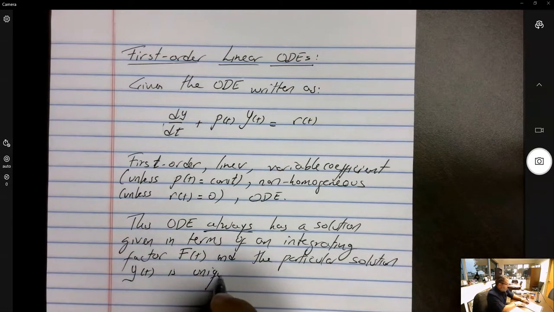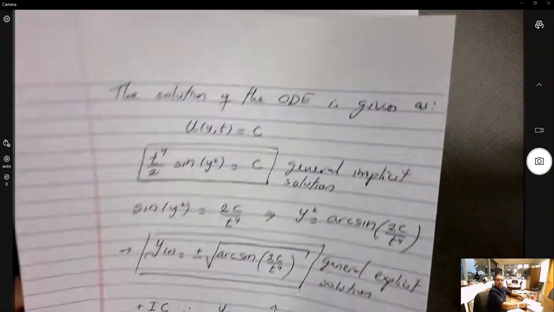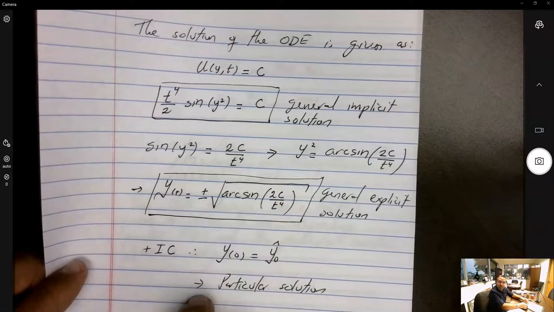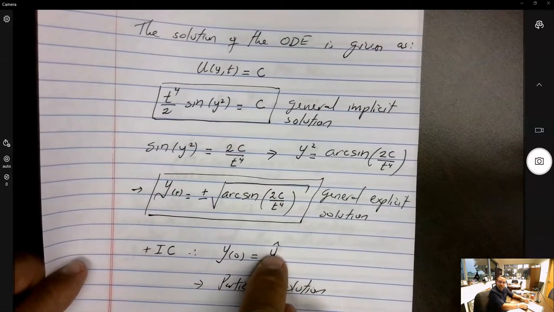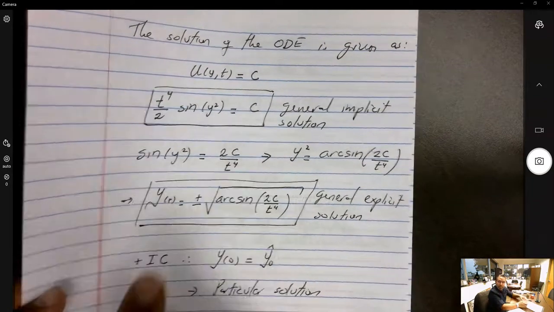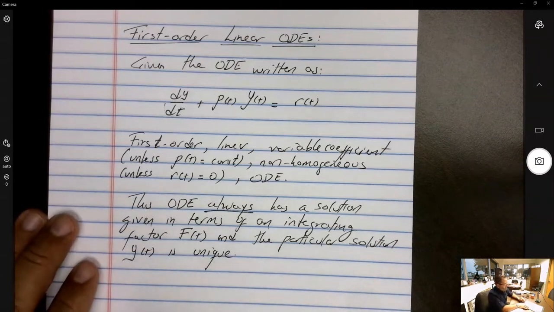So one characteristic about linear equations is that the solution is unique, unlike the problem that we just solved, where we found that the solution is not unique. Even if you were to fix C with an initial condition, you still have a plus minus here, so you have two possible solutions. This one, because it's a linear equation, always has a unique solution.